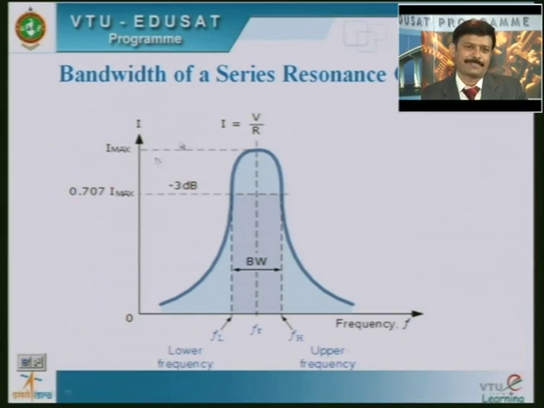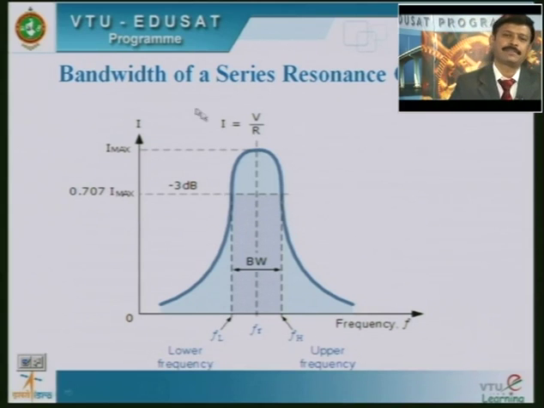So this width is bandwidth BW. The difference between the 2 cutoff frequencies, upper cutoff frequency and lower cutoff frequency, FH minus FL, is called bandwidth.